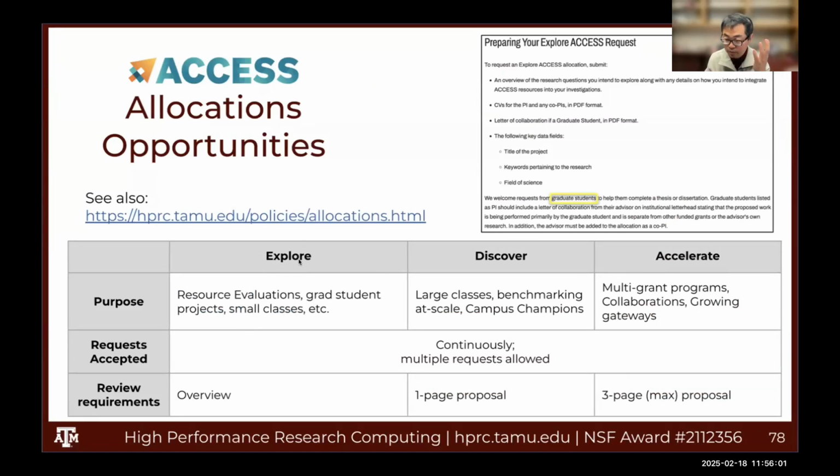Explore is the smallest allocation, so it just requires an overview of your project. For Discover, it requires a 1-page proposal, and for the Accelerate allocation type, it requires a 3-page maximum proposal. So if you want more computing credits, you will have to write a little bit more.